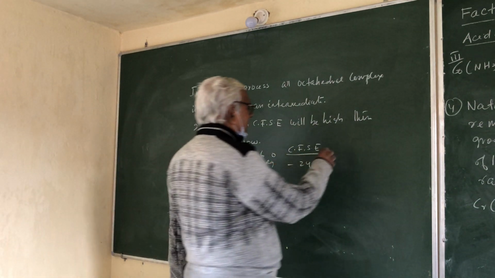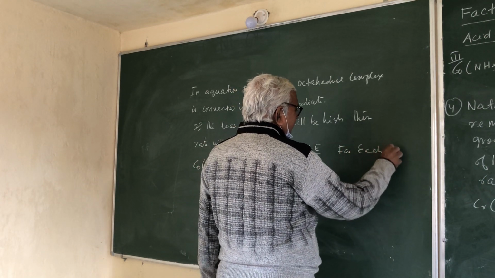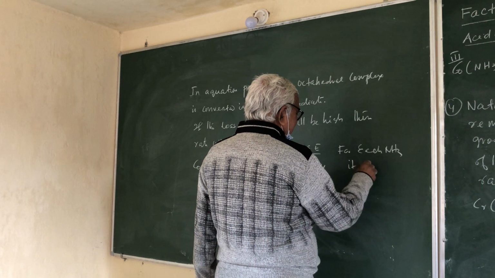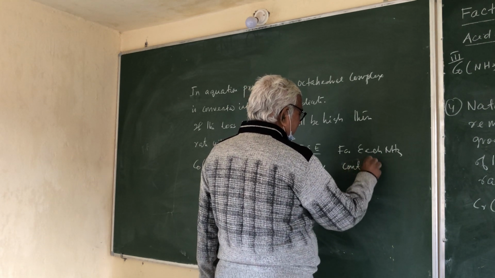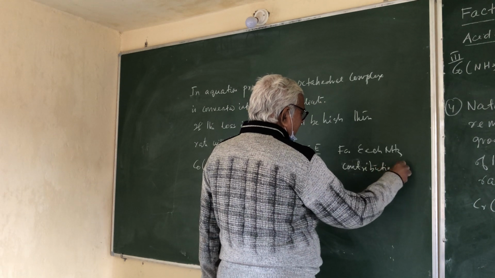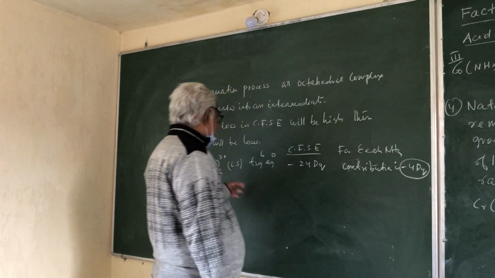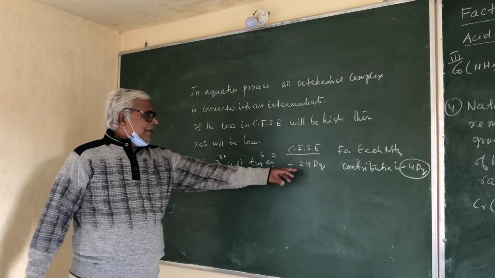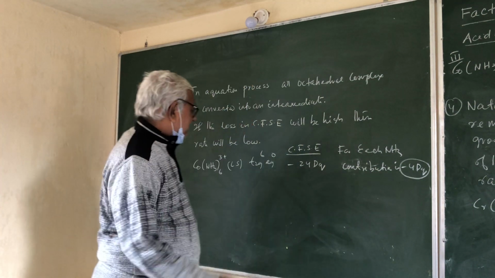So for each ammonia, its contribution is minus 4 Dq, because there are 6 ammonia. 6 ammonia minus 24 Dq, so per ammonia minus 4 Dq.